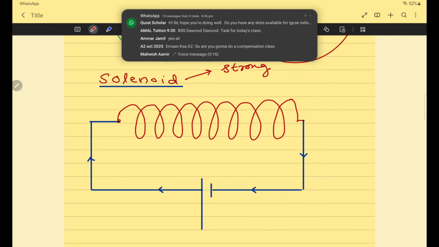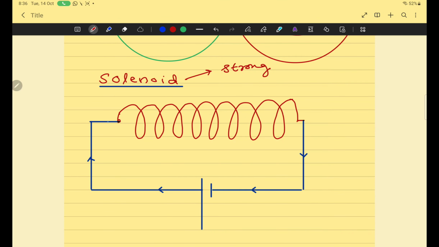And the rule is, if the current is passing through this solenoid, and if you are watching the solenoid from this point, Atif, can you help me? When current is passing through this coil, Atif, is this current clockwise or anti-clockwise from this view?